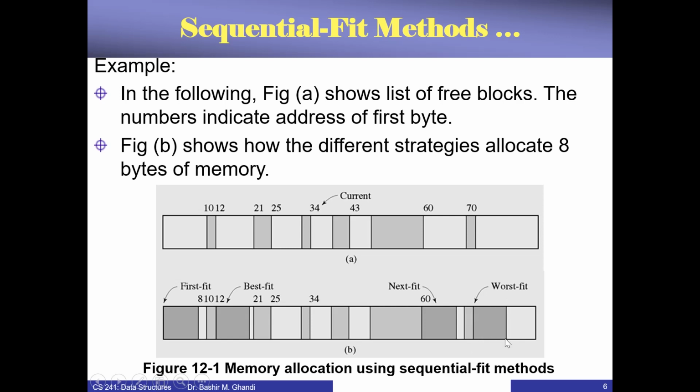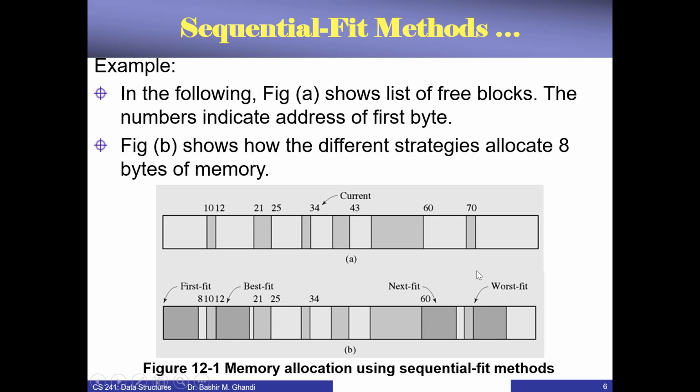The idea is that what is left here is big enough that next time it can probably be used to service another request. In this way it is not fragmented, because what is left is big enough to satisfy another request. So it tries to avoid fragmentation this way. Although the name is worst fit, it looks like it is actually very good. It's trying to avoid fragmentation as much as possible.